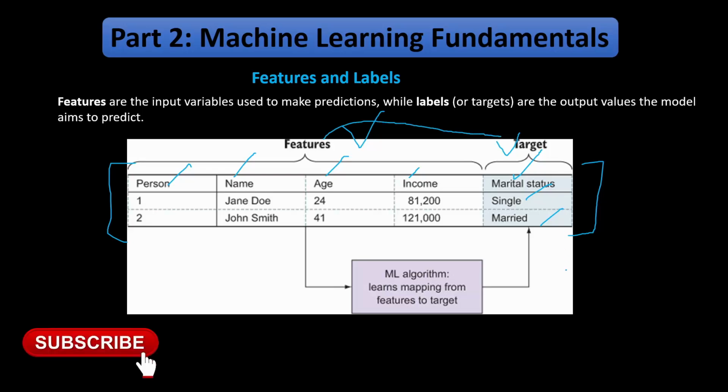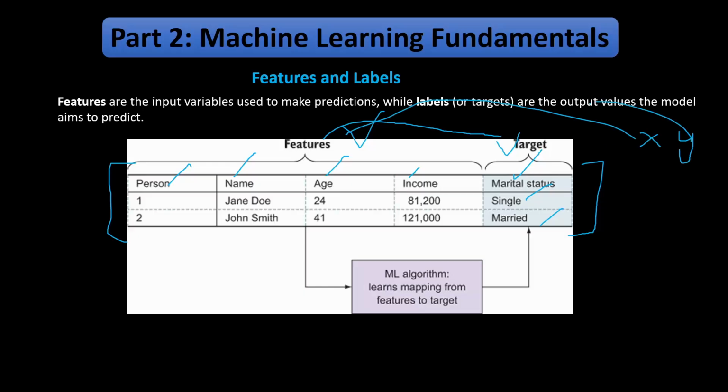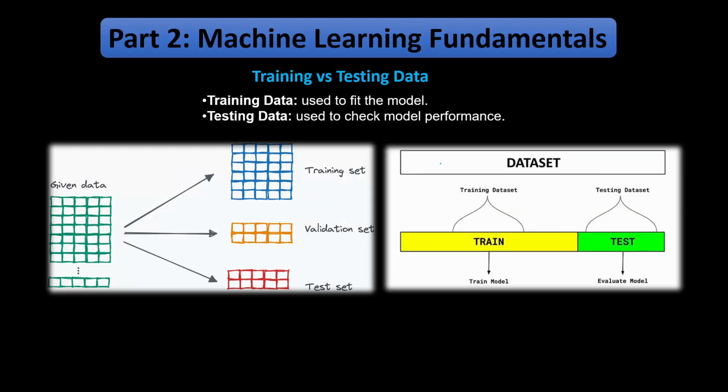Now if you want to master the mathematics behind machine learning, instead of features and target you will see X and Y like this. So X belongs to features, Y belongs to target or labels. Now in machine learning, once you collect the data set, either tabular data, textual data, audio data, or image data, depending on your problem statement, then you have to do a train test split, so that some data is used for training purposes and some data is used for testing purposes.